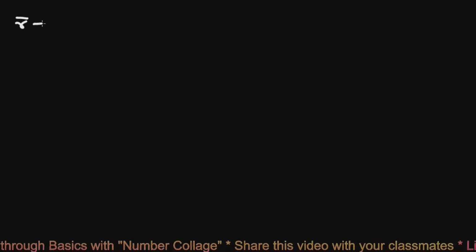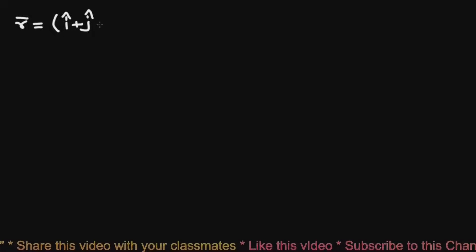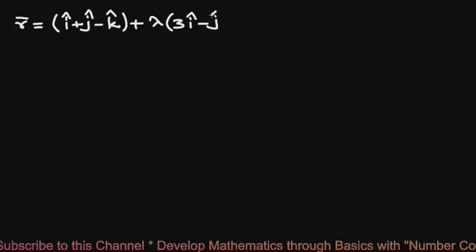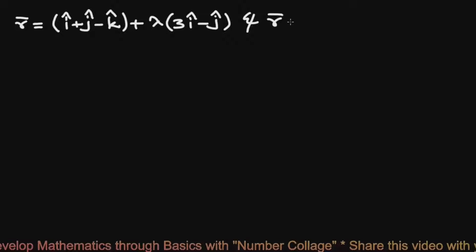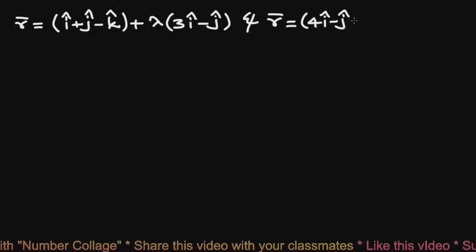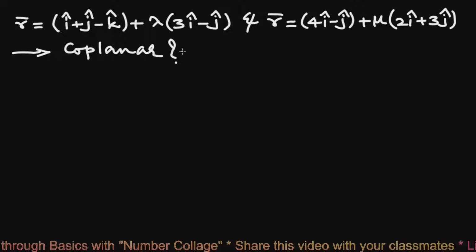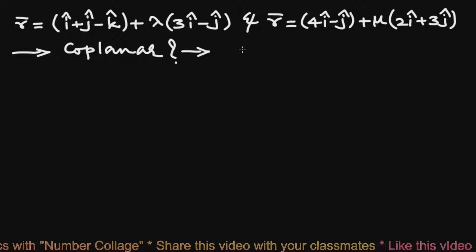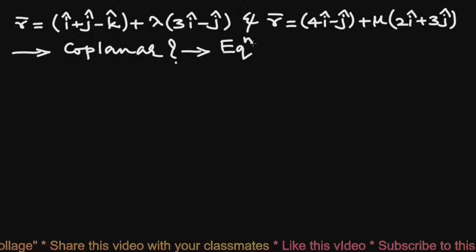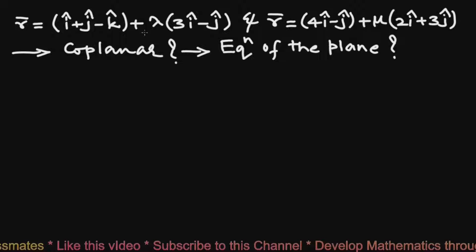We have to check whether the lines r bar = i cap + j cap - k cap + lambda times (3i cap - j cap), and r bar = 4i cap - j cap + mu times (2i cap + 3j cap) are coplanar, and if yes, then we have to find the equation of the plane containing these two lines.